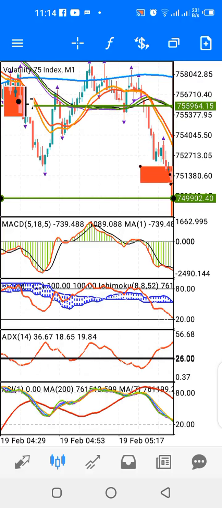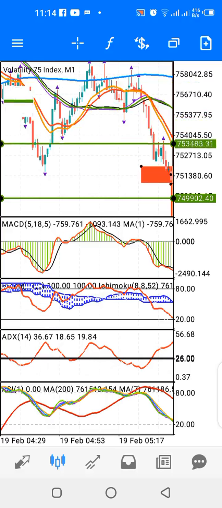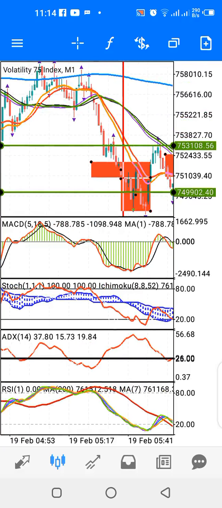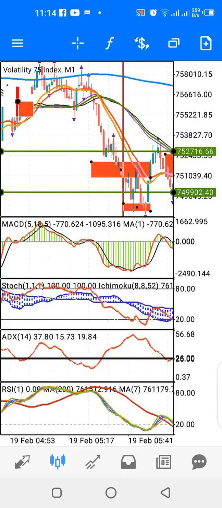You can always place a trailing stop, or move stop loss manually to protect your trade.